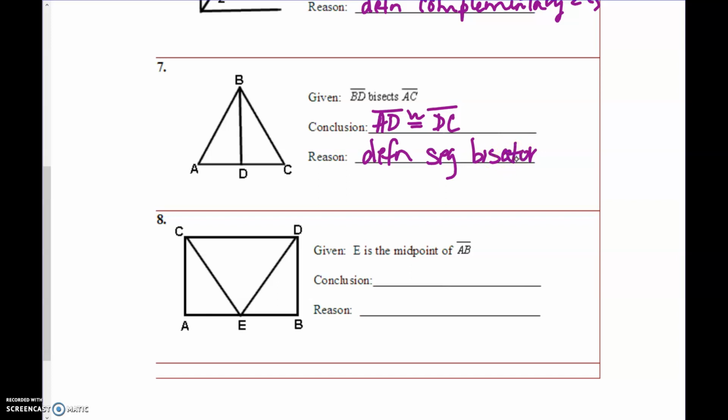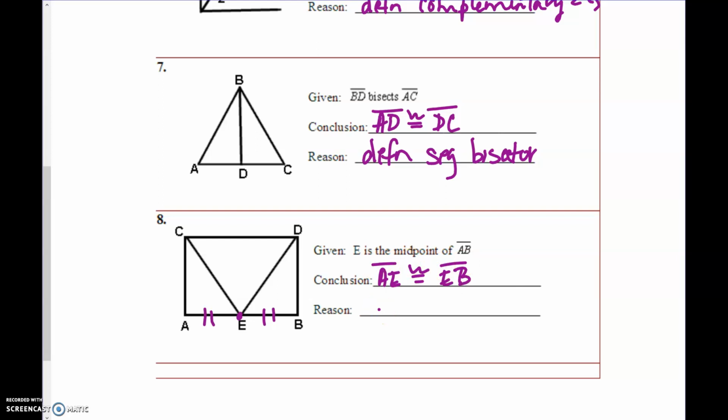All right, given that in number 8 now, E is the midpoint of AB. As I was reading that, I automatically went into my diagram and marked it, so we can say that AE is congruent to EB.